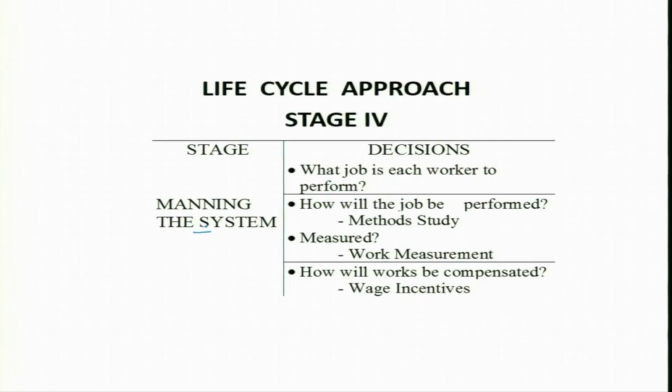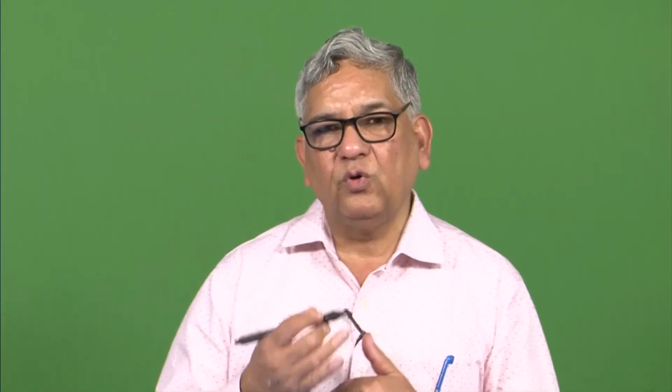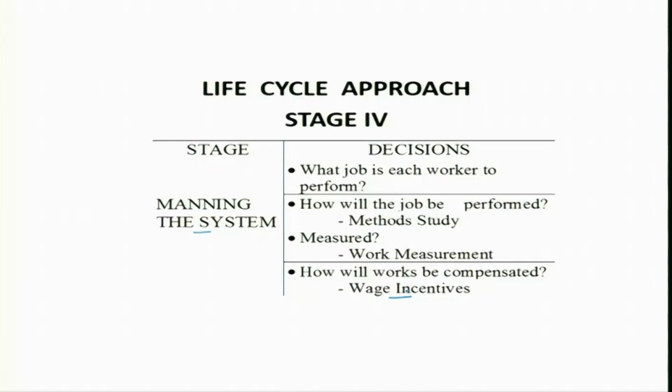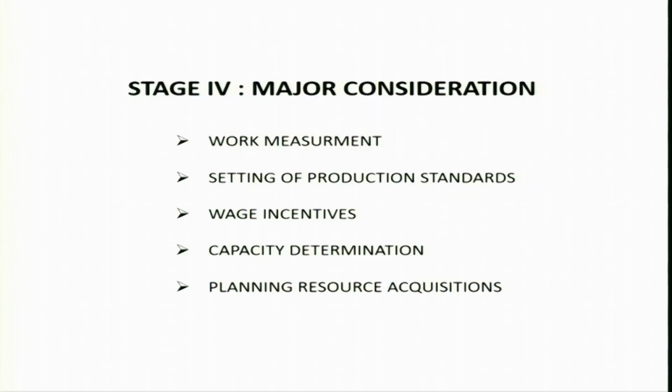Based on that, I will decide the manpower planning of this system, and I will perform the method study: how many units are going to be produced, what method they are going to follow and so on, and how they are going to be paid, wage incentives, salaries, wages, incentive scheme, etc. I am going to design at this stage. The consideration here is work measurement, setting of production standards, wage incentives, capacity determination and planning of the resource acquisition.